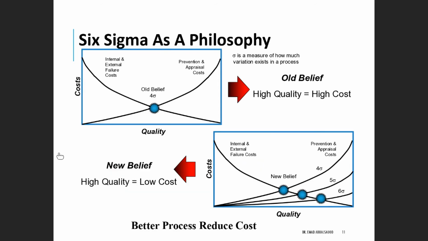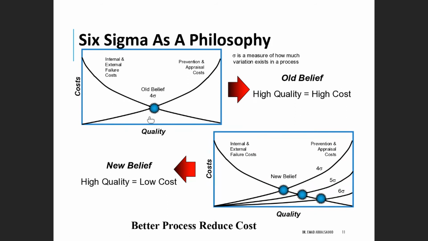Moving to Six Sigma as a philosophy, and here is a very interesting point. People in the old days thought of quality philosophy as: high quality means high cost, or if you are paying more, that means you are getting high quality. There are even sayings like that.